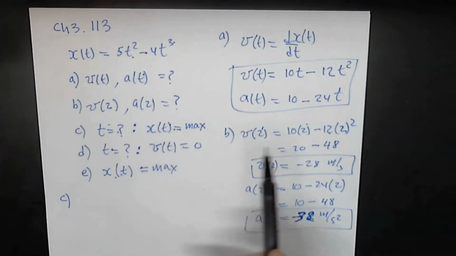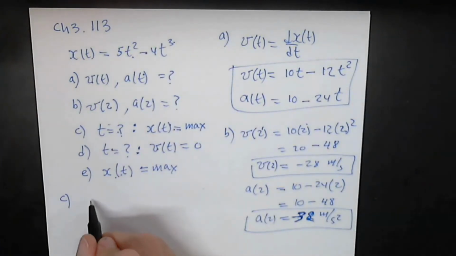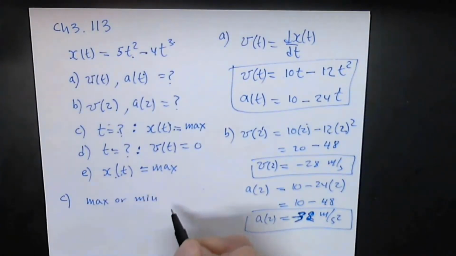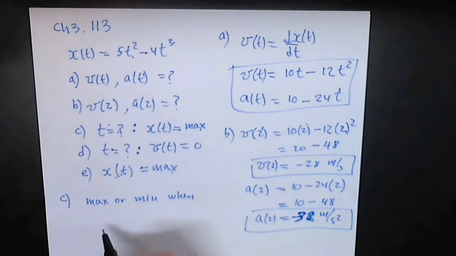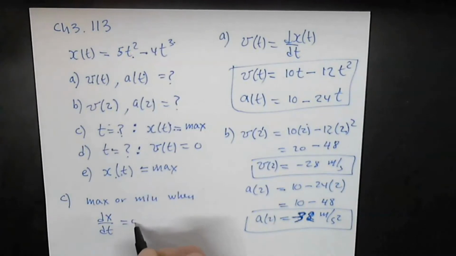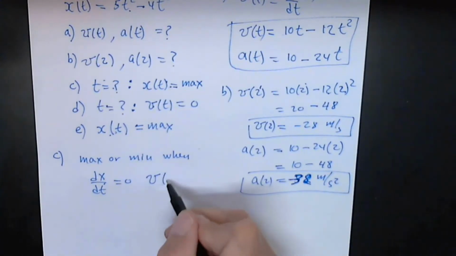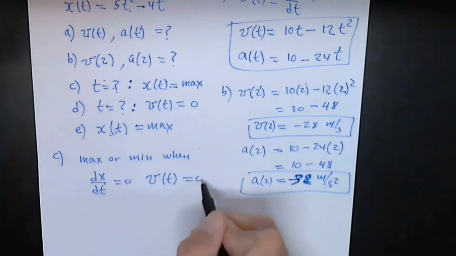So C, when the position is maximum. You know the position is maximum or minimum when the first derivative is 0. Well, what is the first derivative? The first derivative is the velocity versus time, is 0.